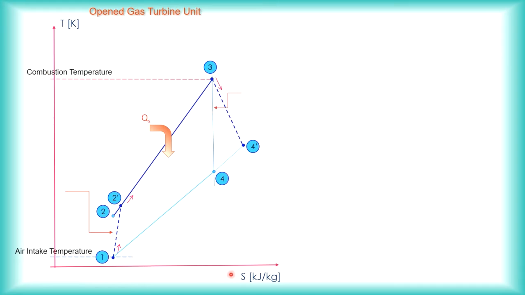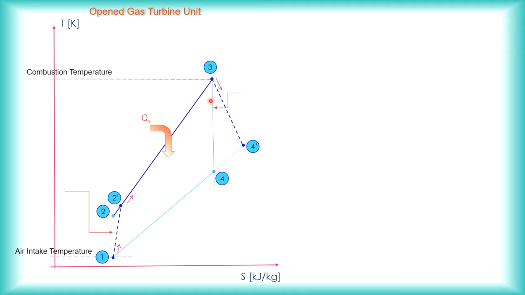So this will be the TS diagram for the open gas turbine unit. This is a constant pressure cycle actually, but from this you can see it's actually open. We don't usually include this part when we draw the TS diagram. I just wanted to show you the difference from a closed cycle.